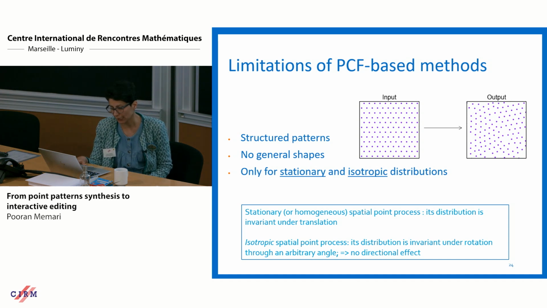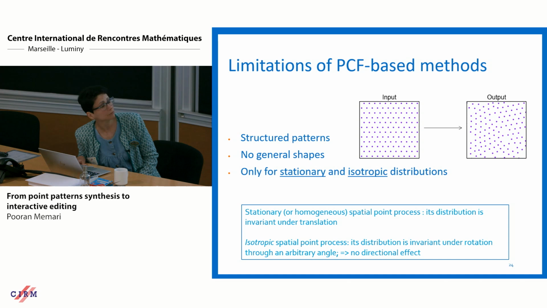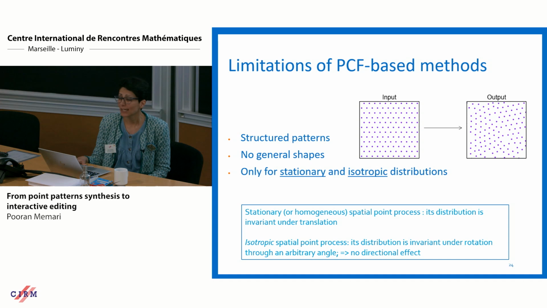First of all, I would like to mention the very first limitation of what I have presented so far on PCF-based methods. Interestingly enough, for PCF methods, basic distributions such as grids are the trickiest ones. Why? Because the structures are very hard to encode using average density features.